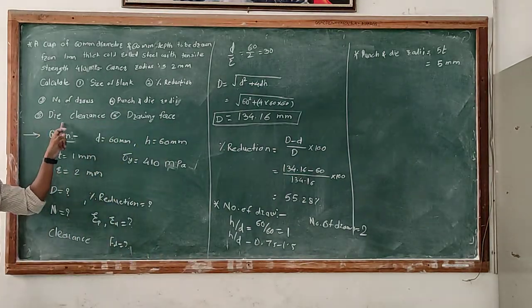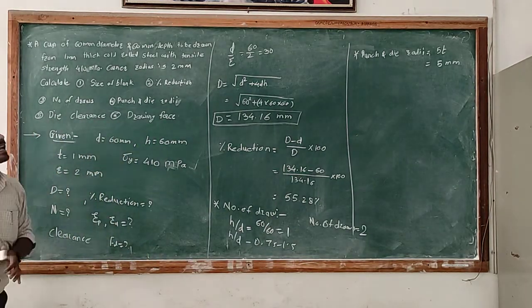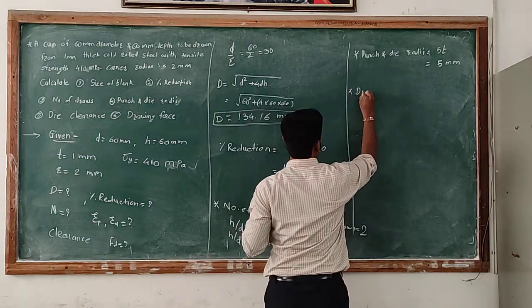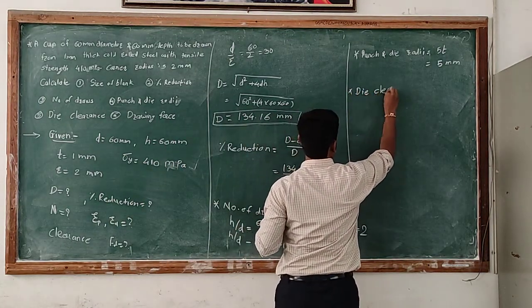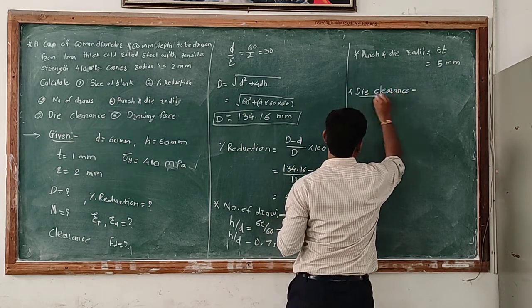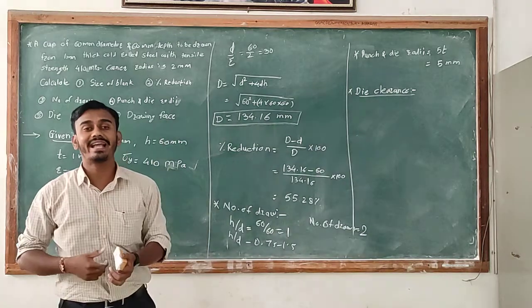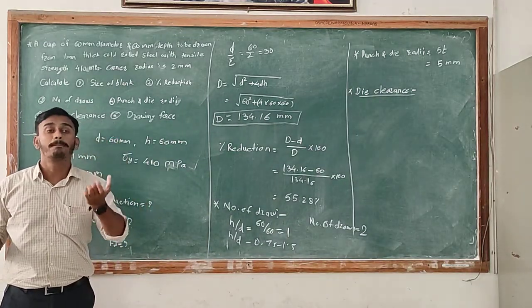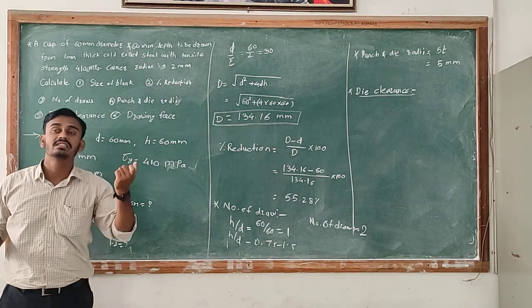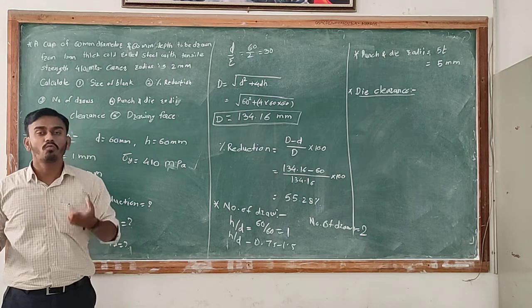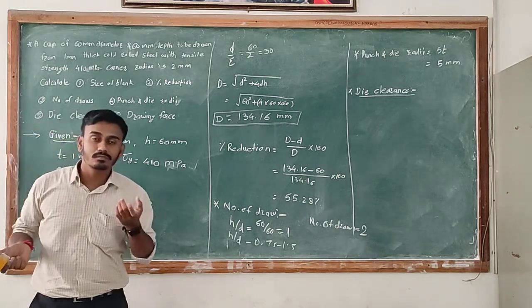Now the next thing they ask is the die clearance. What is the die clearance? Die clearance is the gap between the punch and the die cavity. What is the purpose of this clearance?